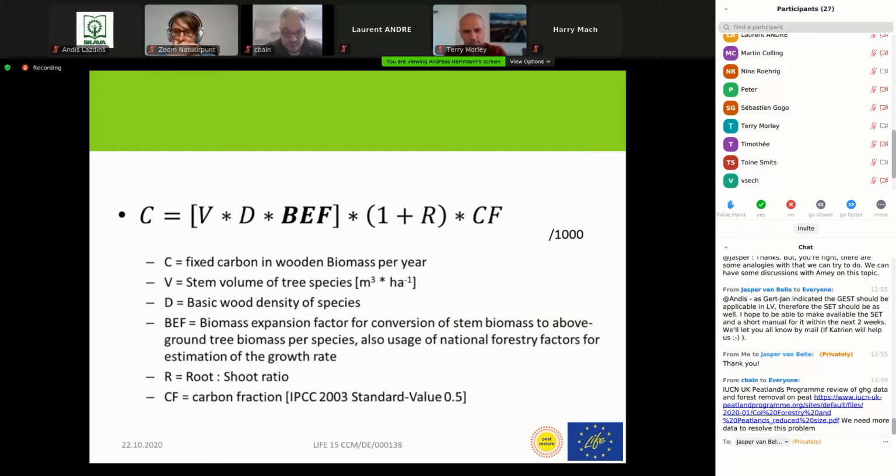Most of the data we can find in some tables, but if we can, we use our own forest inventory data for this calculation. And together with the emission from the open peatlands, we have to combine both approaches to get an idea how much carbon is saved in our above ground biomass in the forest.